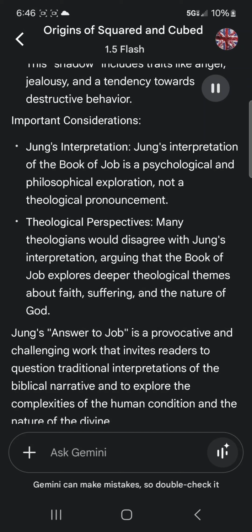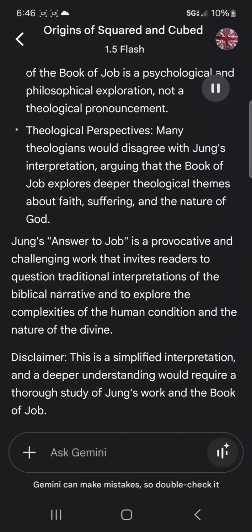Many theologians would disagree with Jung's interpretation, arguing that the Book of Job explores deeper theological themes about faith, suffering, and the nature of God. Jung's Answer to Job is a provocative and challenging work that invites readers to question traditional interpretations of the biblical narrative and to explore the complexities of the human condition and the nature of the divine. Disclaimer: this is a simplified interpretation, and a deeper understanding would require a thorough study of Jung's work and the Book of Job.